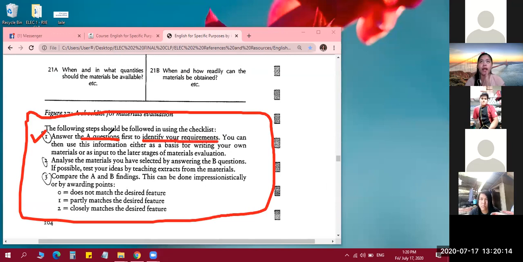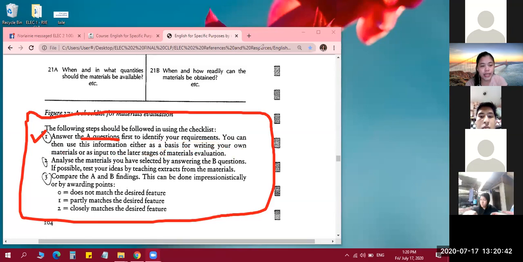So for example, you are about to design your course or your syllabus, and you are now at the stage where you are going to choose now your materials. So you have to identify your requirements for your materials. So you can use this information either as basis for writing your own materials or as an input to the later stages of material evaluation.